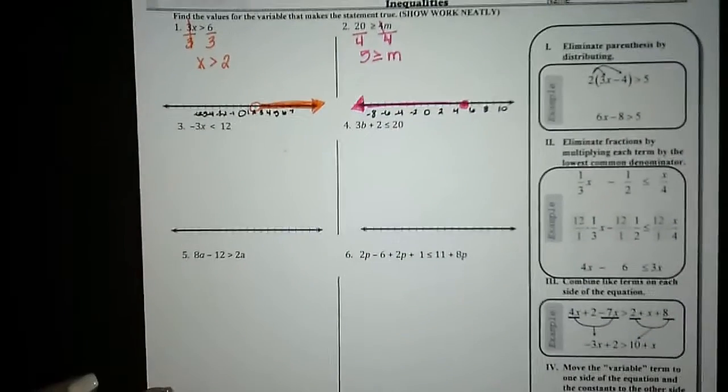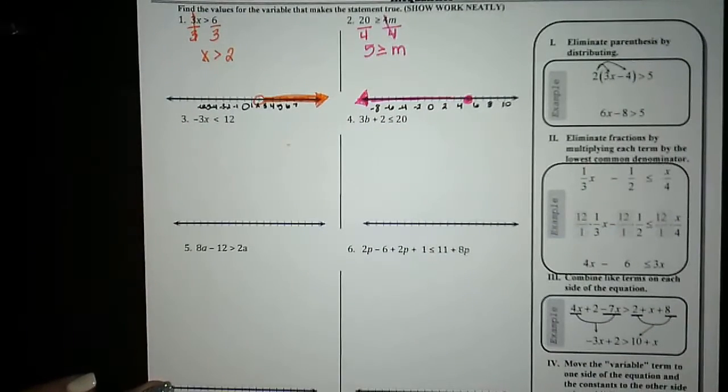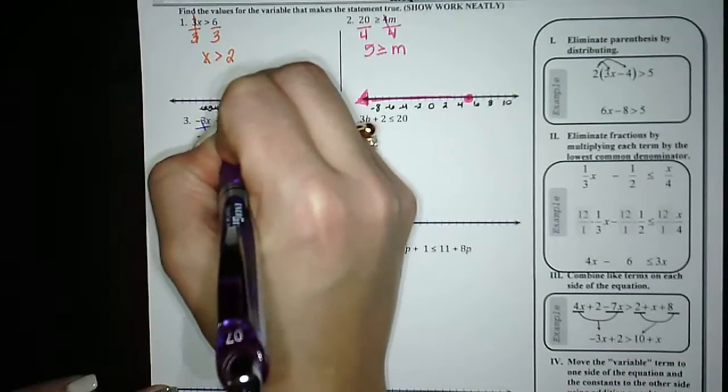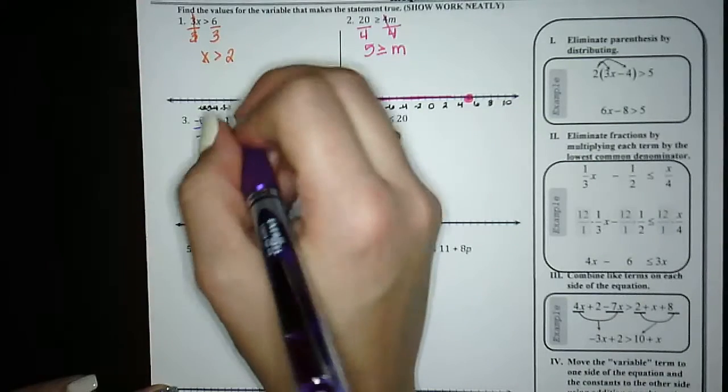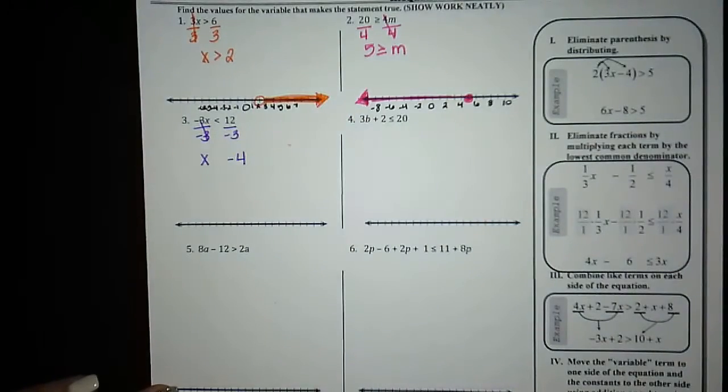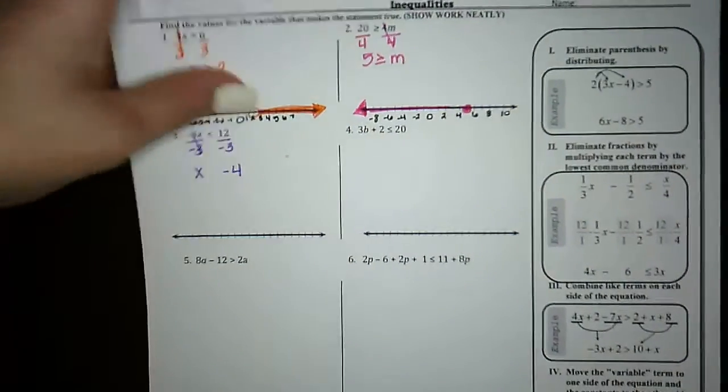Okay. Number 3. Again, -3 and x are being multiplied, so we do the inverse operation, which means to divide. So x, 12 divided by -3 is -4. And this is one thing to take note of, and they talk about it here at the bottom of your notes.